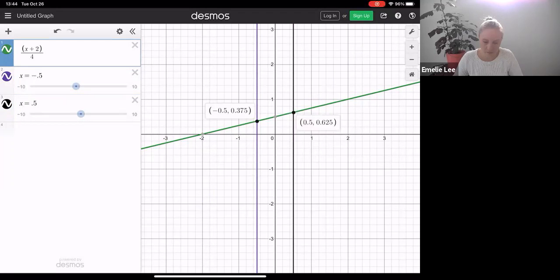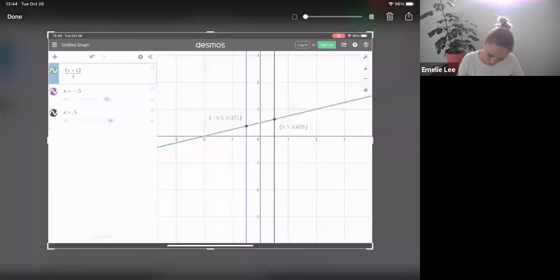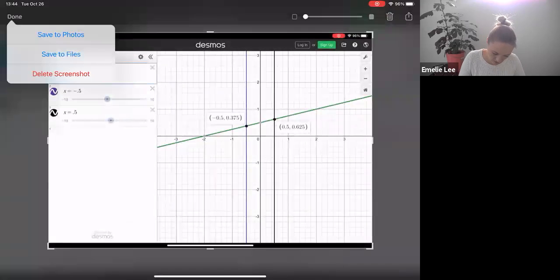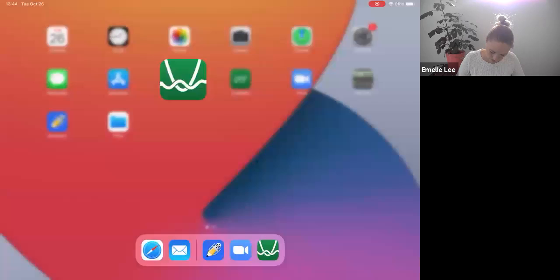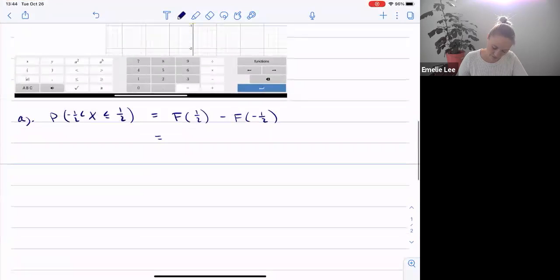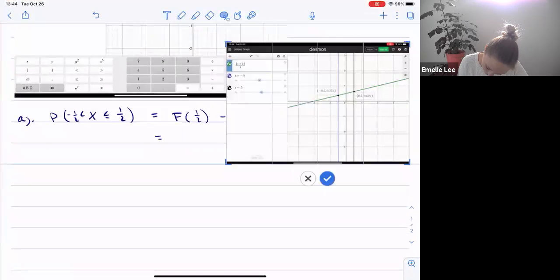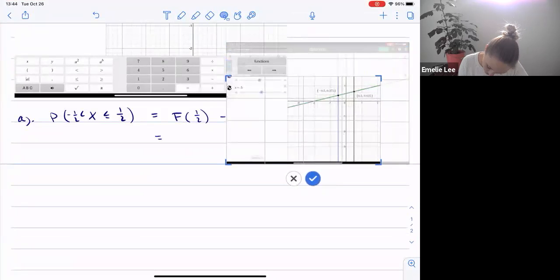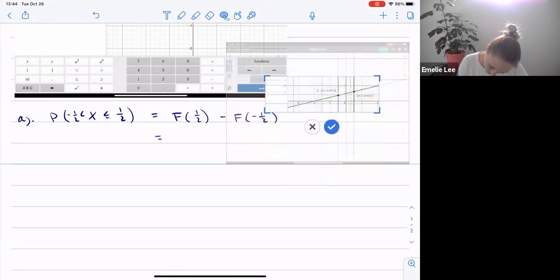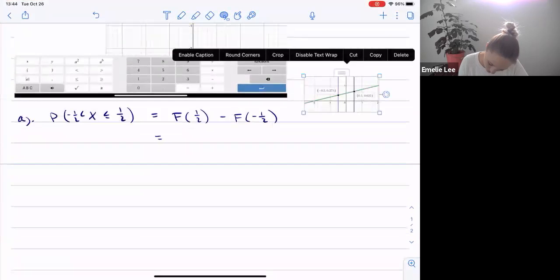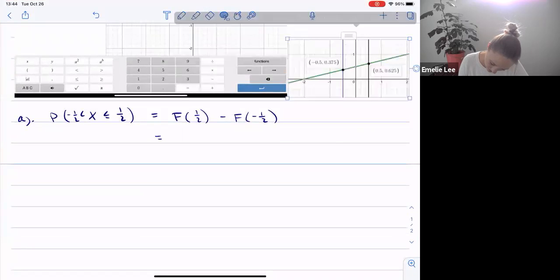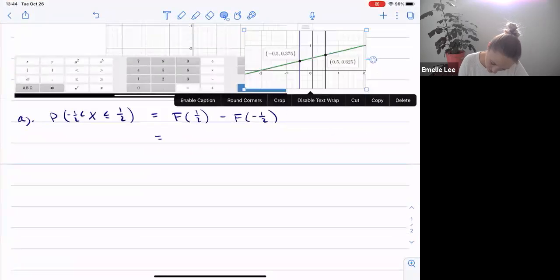All right, and so here, I'll screenshot this. I'm just going to crop it up here so we can really focus on the values we're finding.